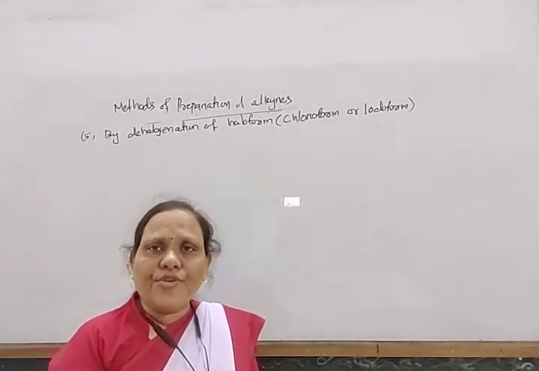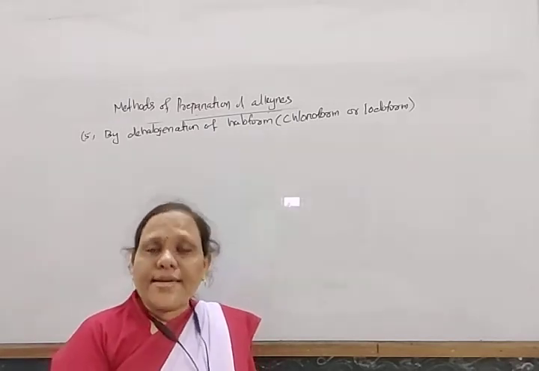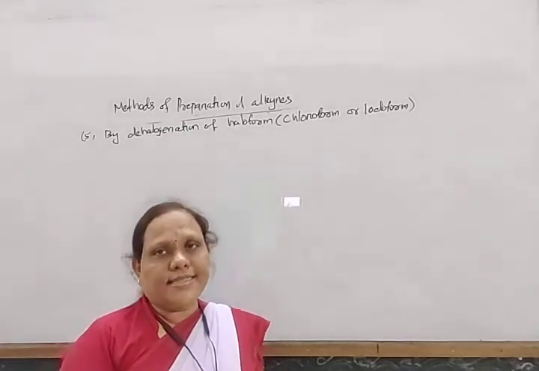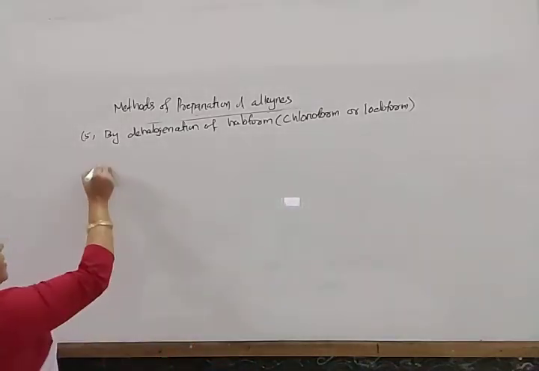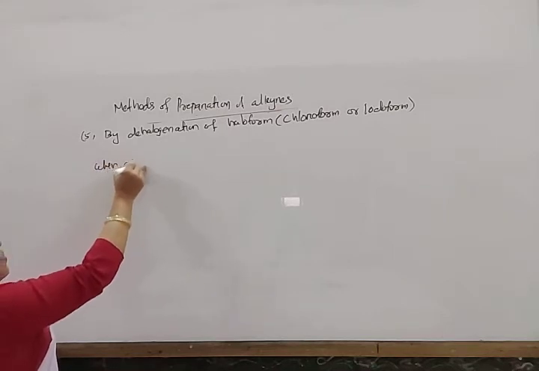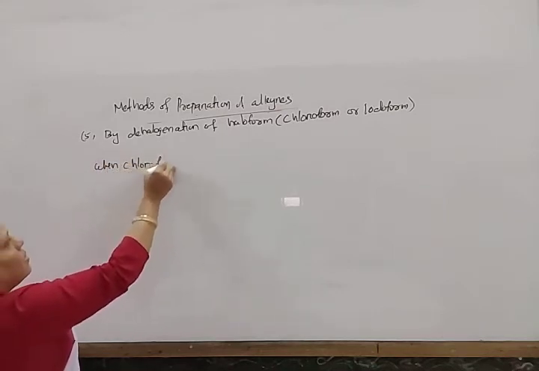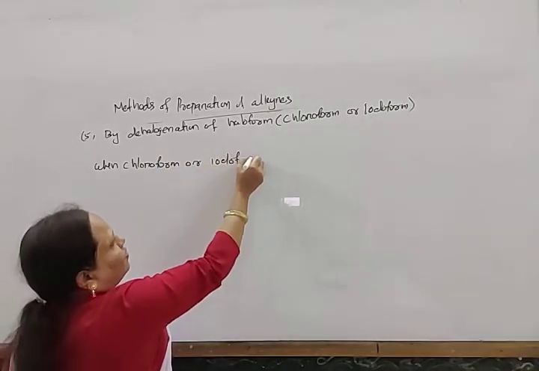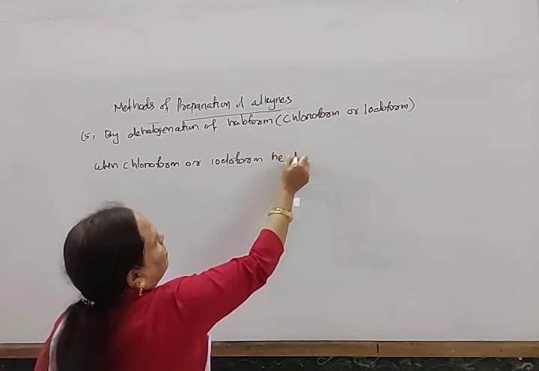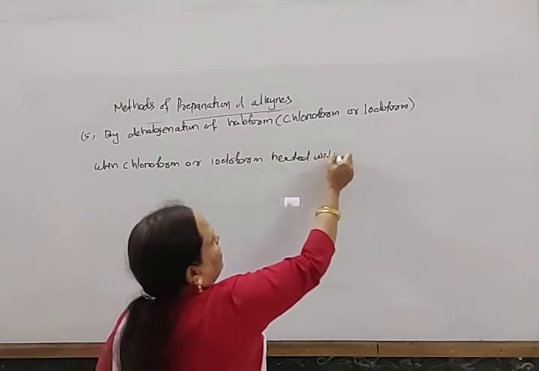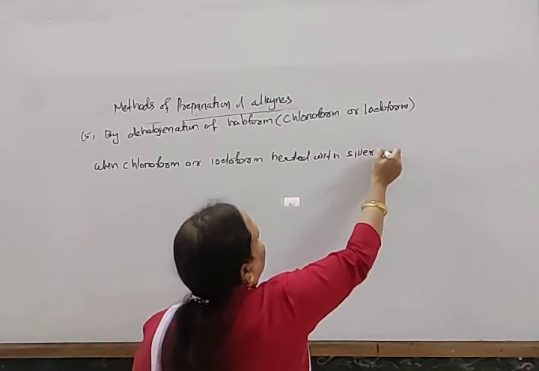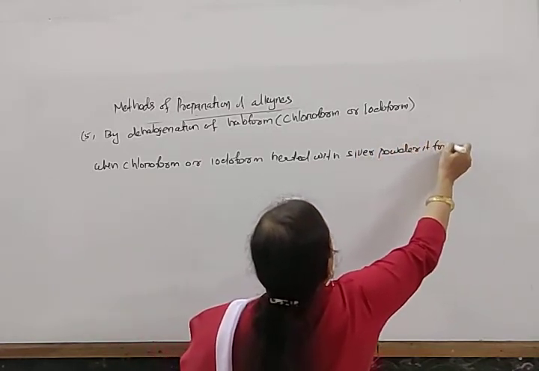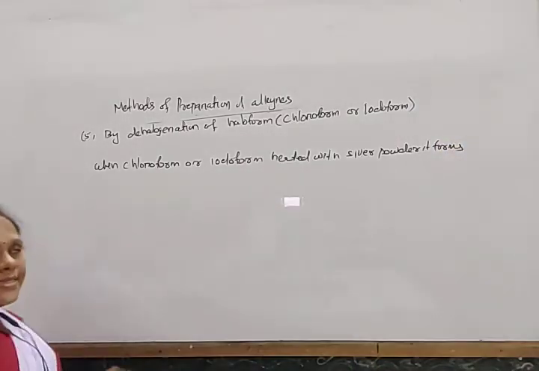When iodoform or chloroform is heated with silver powder, it forms acetylene.